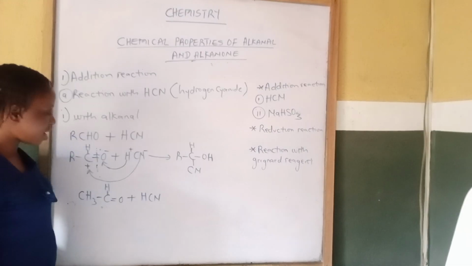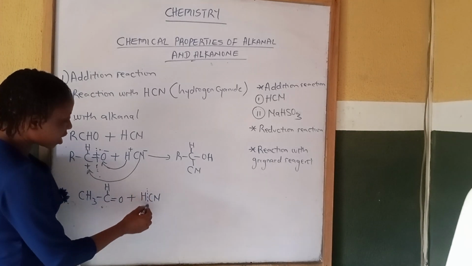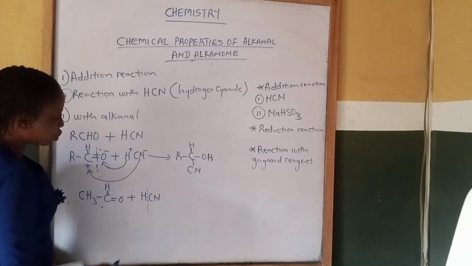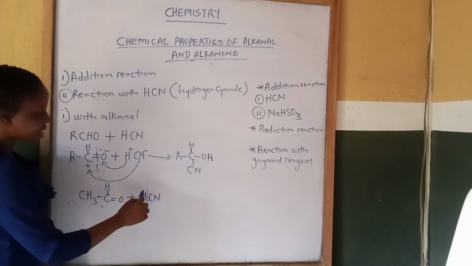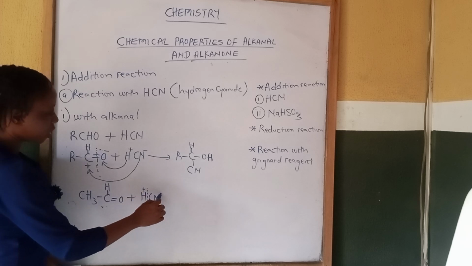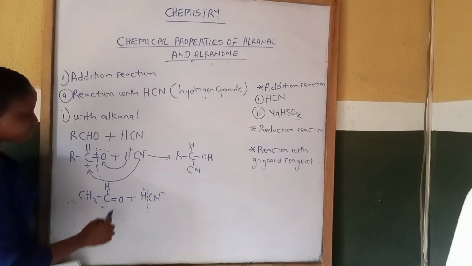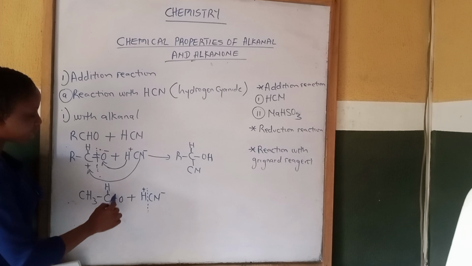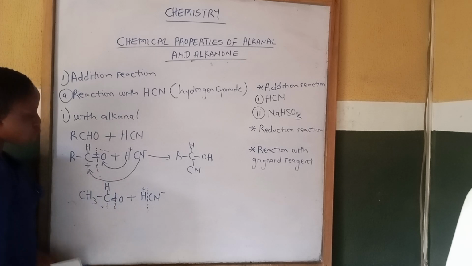The hydrogen cyanide will be broken down into hydrogen and cyanide. Hydrogen is positive, therefore cyanide is negative. Then the double bond will also break.